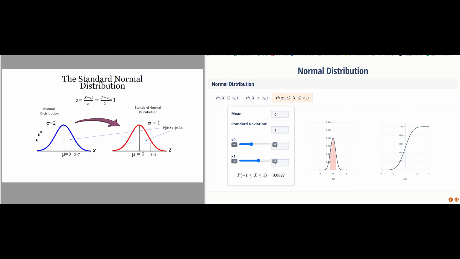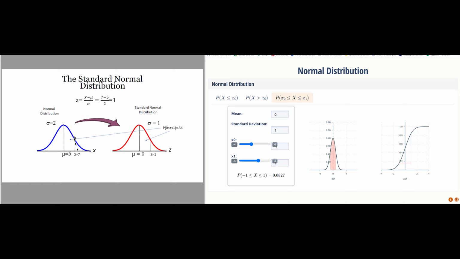That is, we take some arbitrary normal distribution. In this case, we have a normal distribution with a mean of 5 and a standard deviation of 2. By doing this simple linear computation, taking whatever our value for x is and subtracting the mean and dividing by the standard deviation, we convert to what's called the standard normal distribution that has a mean of 0 and a standard deviation of 1.